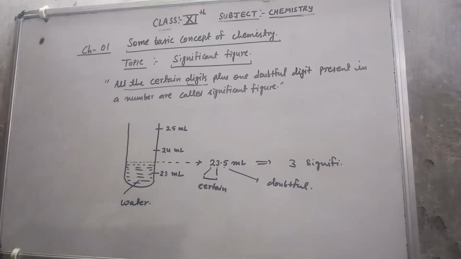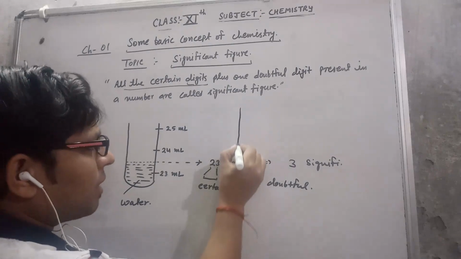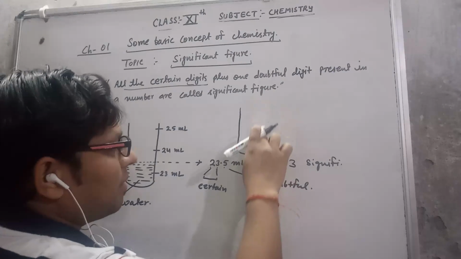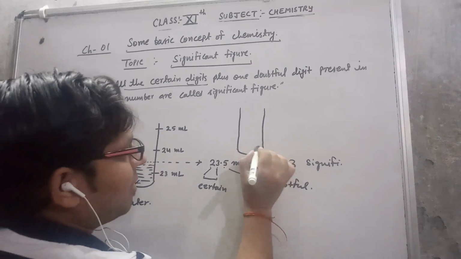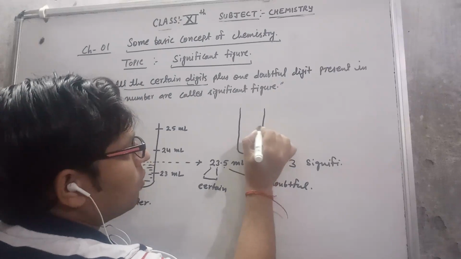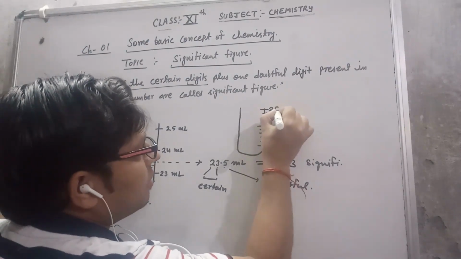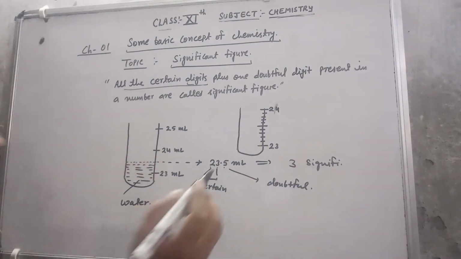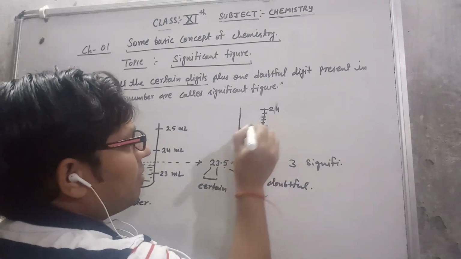Now the other example I will discuss with you. Suppose I have one more container. This is the container. In this container I am going to fill up the water. Here the values given are 23, then 1, 2, 3, 4, 5, 6, 7, 8, 9, and this is 24. Now I am going to fill up the water in the same container, up to this level.